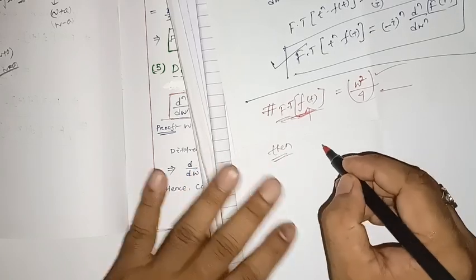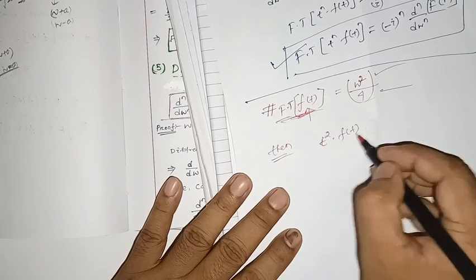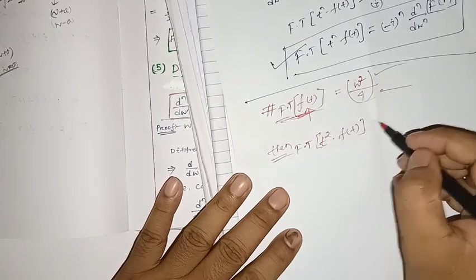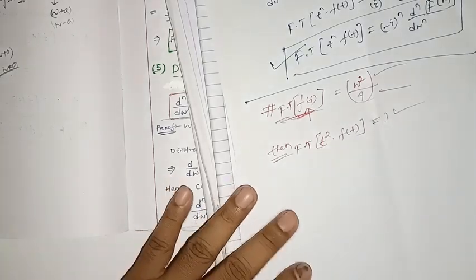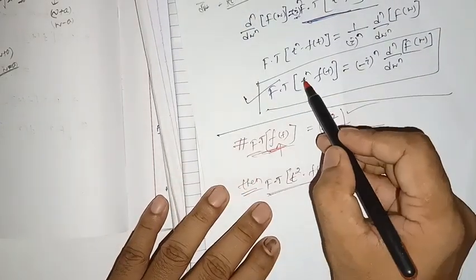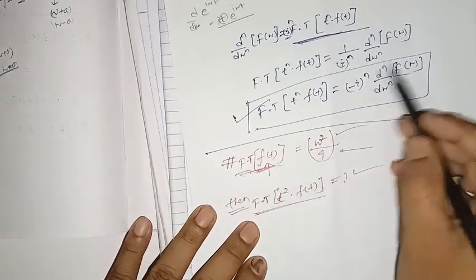Then what will be the Fourier transform of t square f of t? It has been asked. Here you can see the Fourier transform of t to the power n f of t is minus I to the power n times the nth derivative.